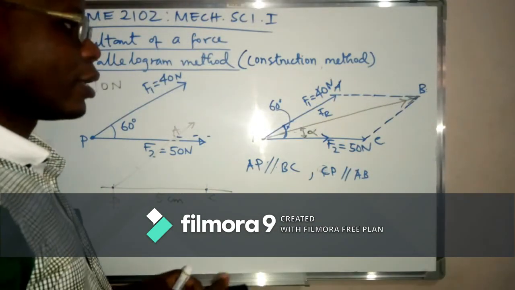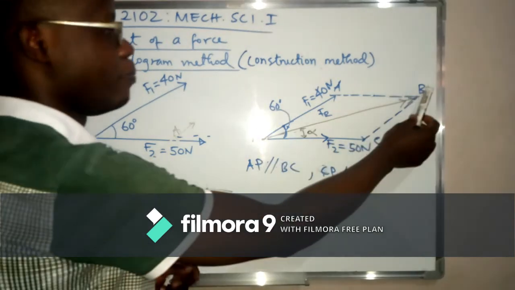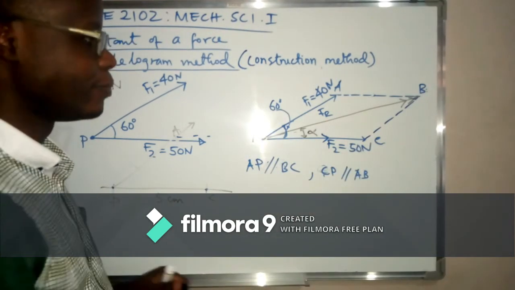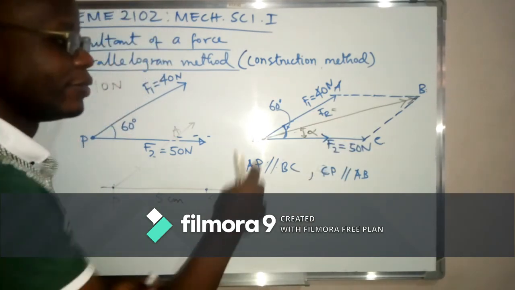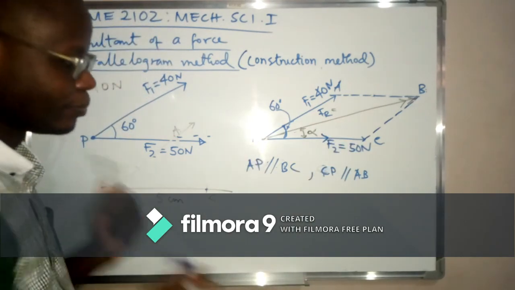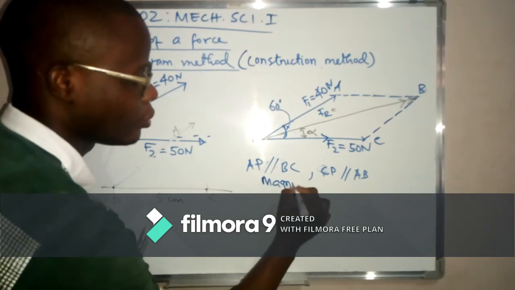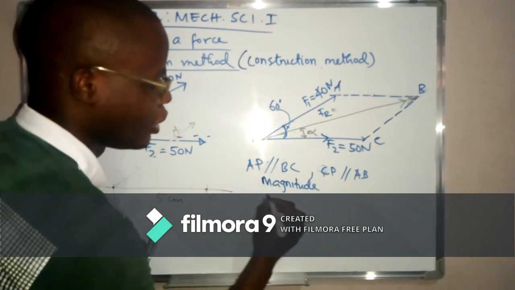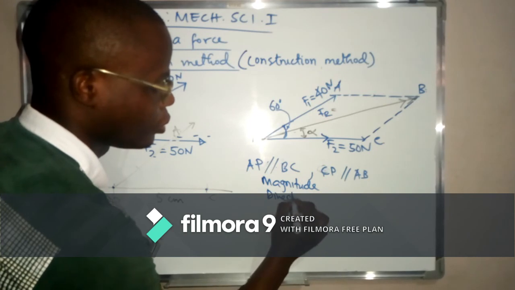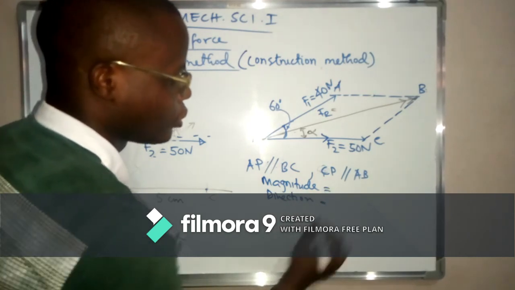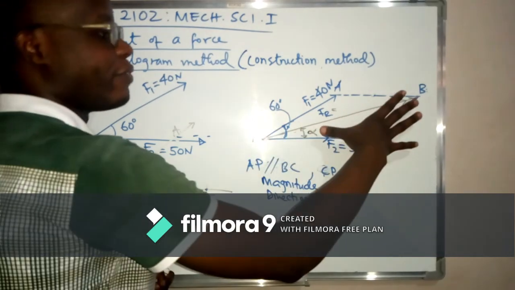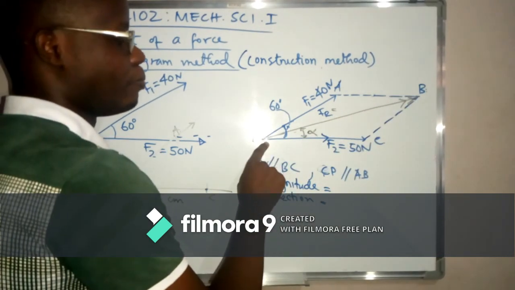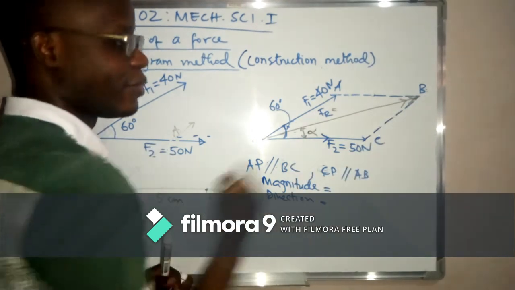So line PB represents the resultant force. How do we get the value, or rather the magnitude and direction? For the magnitude, using your divider, you put one end at this point and one end at that point.